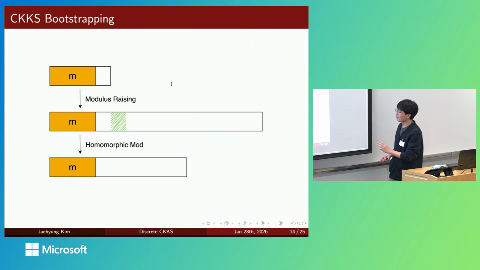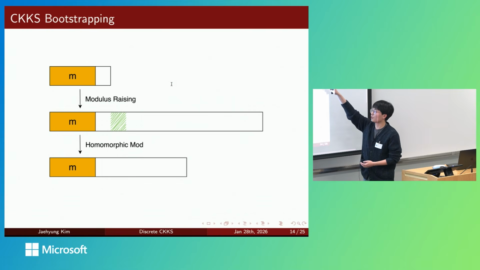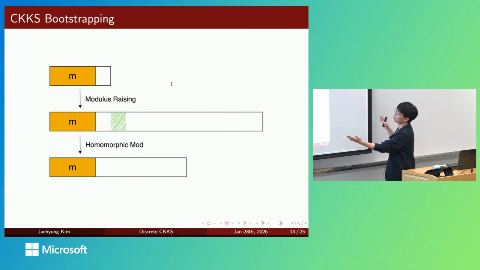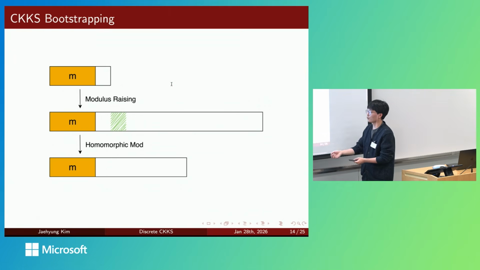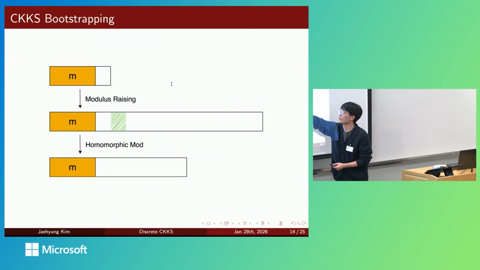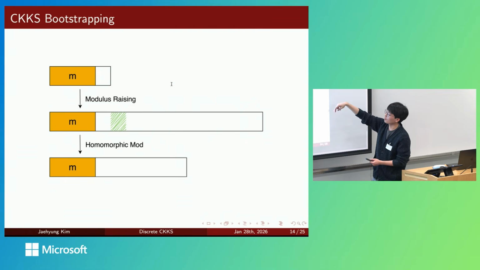This is analogous to BFV bootstrapping, but in the most significant bit version. So if you have a ciphertext with a short bar, then you extend the bar by raising your modulus, and raising actually introduces some new green errors, slightly higher than the initial message.